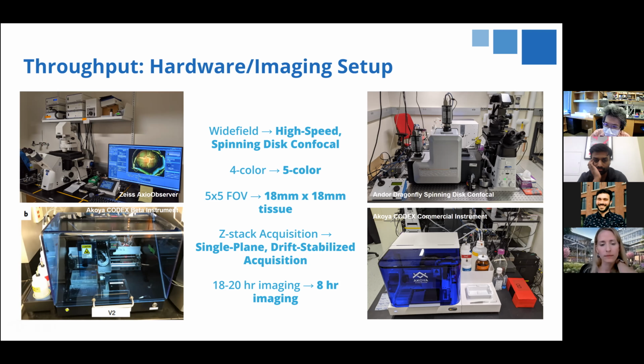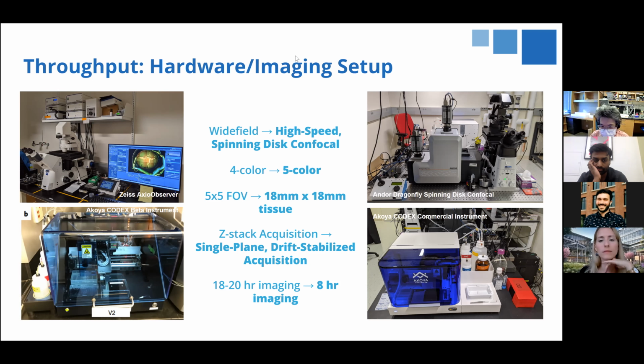You will have to do something like acquire Z-stacks, which will multiply your data exponentially. And then we have considerations like how many colors you can image, the standard 3 colors usually on the wide field, and then the imaging time.